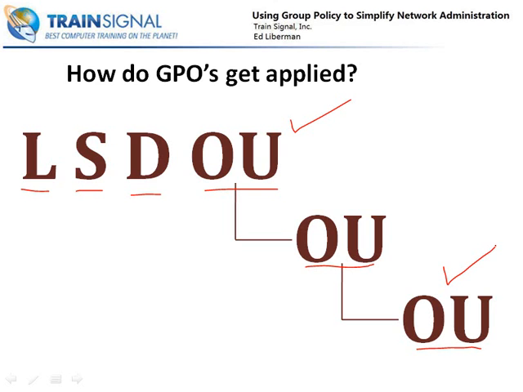Okay? So as an example, if we had a user who was sitting in, we'll say this organizational unit right here, just right on top, keep it simple. As that user logs in and goes through this LSDOU process, maybe there is a domain setting which eliminates Add/Remove Programs from the control panel, right? That's something we just did.